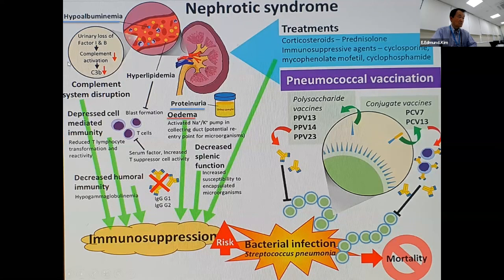An important thing is that nephrotic syndrome causes certain immunosuppression and a risk of bacterial, particularly streptococcal, infection, and death.